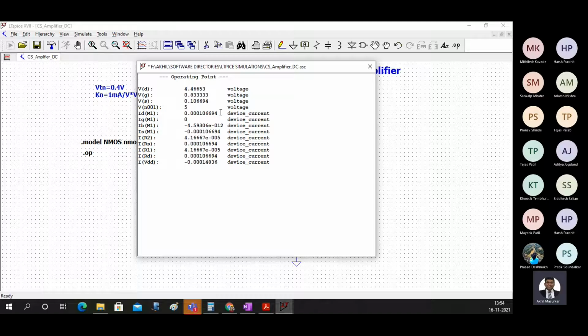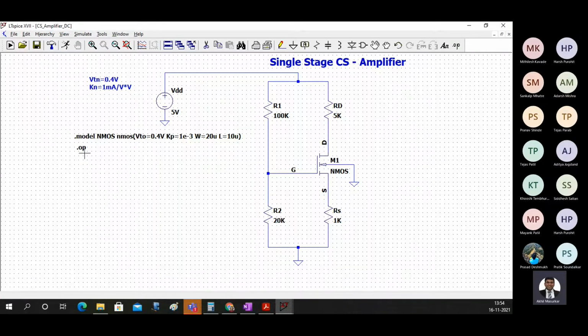Here we have the value of ID. You can see that it is 1066 micro. If you take this 106 with 6 decimals, you can put a 10 raised to minus 6 there. All these values are pretty much visible here.